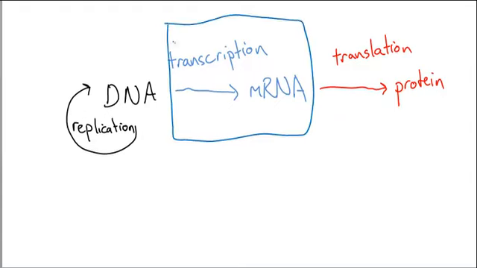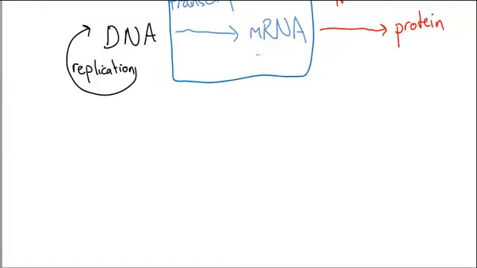Okay? And to best understand why transcription occurs, it's probably easiest to think of an analogy. So DNA is your original blueprint, your good copy. You don't want to mess it up, you don't want to damage it.